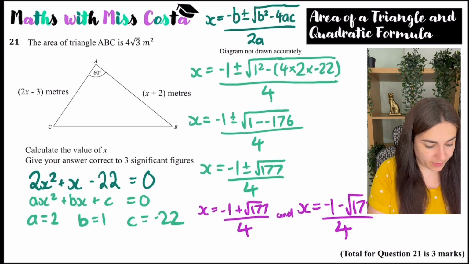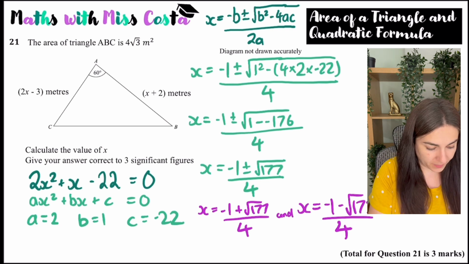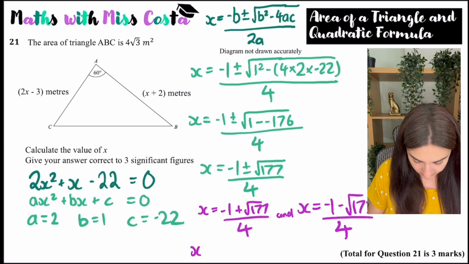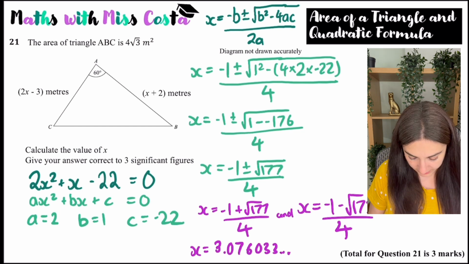And let's see what they bring. So minus 1 plus root 177 over 4 gives me 3.076033.